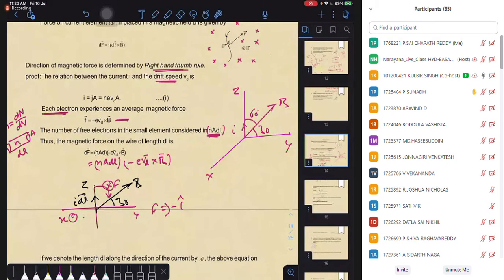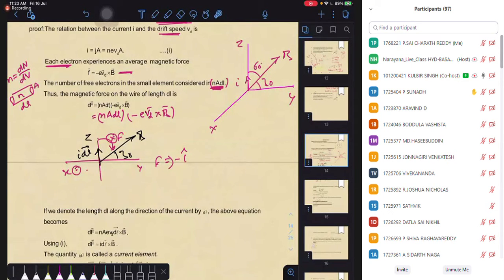So this dl direction and the drift velocity direction are basically the same. So we can take the dl inside the cross product and the magnitude v_d you can take out of the cross product.